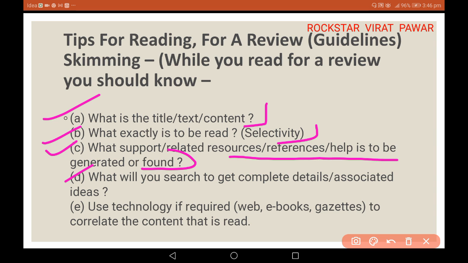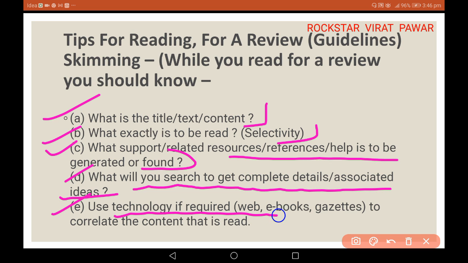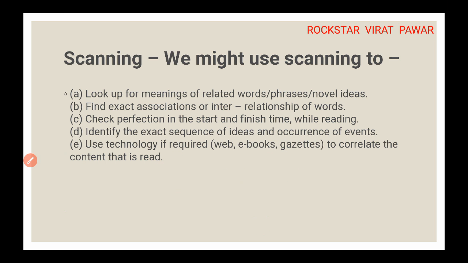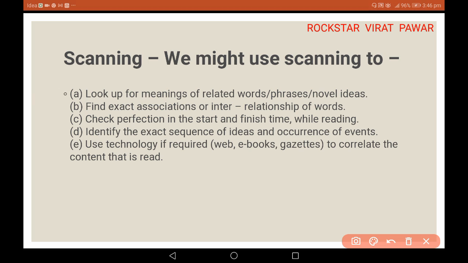Another is what you will search to get complete details and associated ideas. Another is to use technology if required, web, ebooks, gadgets to correlate the content that is read. The next is given as the scanning technique, which is also important. What is the scanning technique? For what purpose might we use scanning? Look up the meanings of related words, phrases, novels and ideas. Find the exact association, the interrelationship of words.